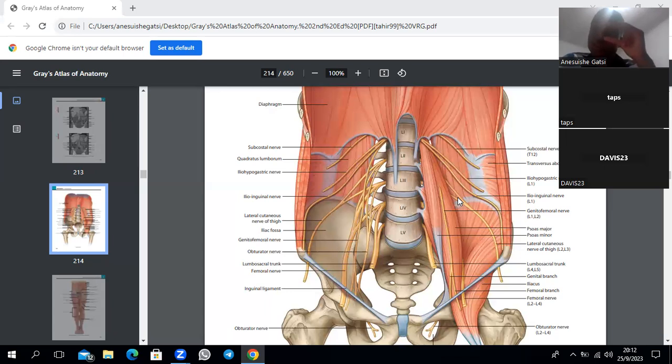The branches emerge on either side of the psoas major: 4 from the lateral surface, 1 from the anterior surface, then 2 from the medial surface.